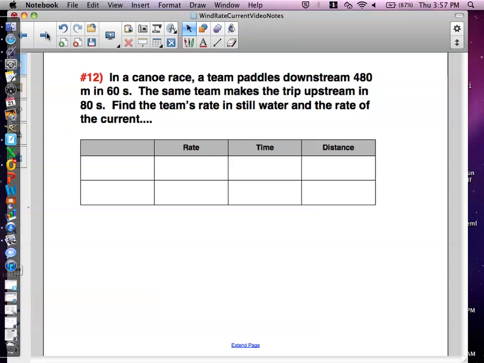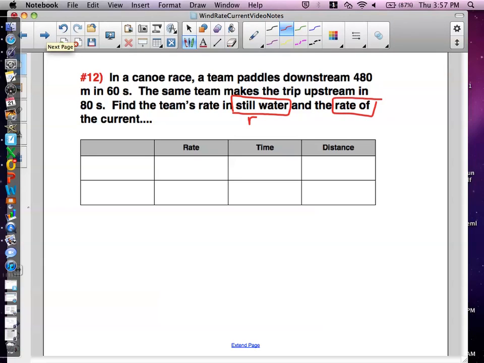Okay, let's look at number 12 in the problem set. In a canoe race, a team paddles downstream 480 meters in 60 seconds. The same team makes the trip upstream in 80 seconds. We're going to be asked to find the team's rate in still water, and that's simply the R. And then we're going to be asked to find the rate of the current, and the rate of the current is your C. So to label your chart, we're going downstream, and then we're going upstream.